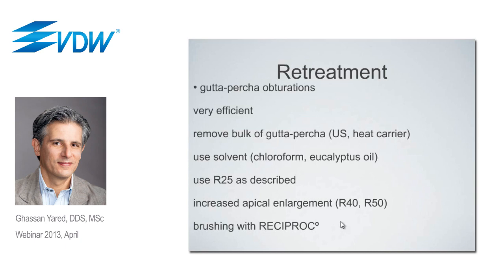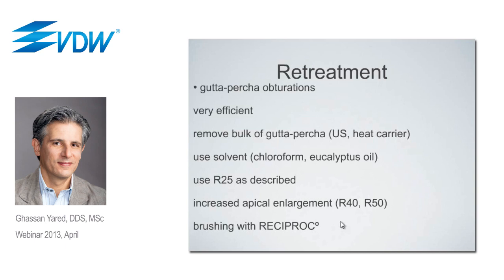Once you have the R25 at working length, you can place a number 45 very easily to working length. Don't forget that the R25 has an 8% taper. The 45 instrument has only a 2% taper. So you can go directly from the R25 to a size 45 hand file.